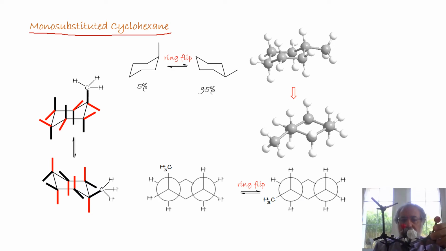Methylcyclohexane, where the methyl is axial, and we would like to draw Newman projection.